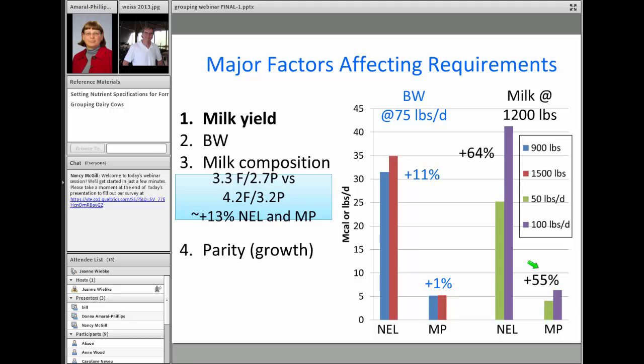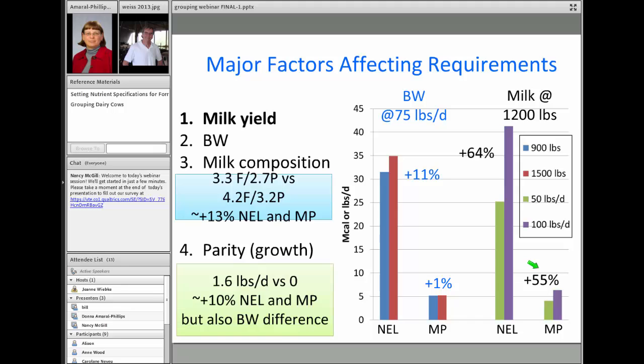When we look at milk composition, here I've got a lower testing cow, 3.3 fat and 2.7 protein, versus a higher testing cow, 4.2 fat and 3.2 protein. So again, within a farm, you probably have more diversity than this, but this is pretty diverse. These two milk compositions at equal milk weights only affect energy and protein by about 13%. So again, not huge. Parity.